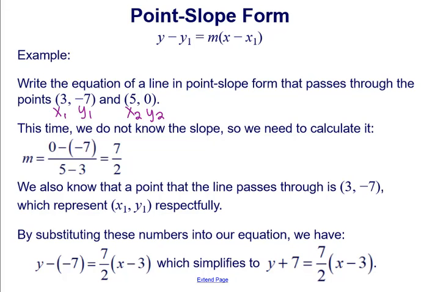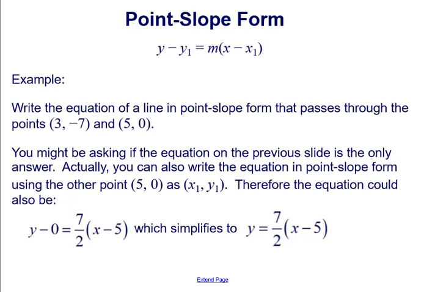Since the line passes through the point 3, -7, that can represent x1 and y1 respectively. Substituting these numbers into our point-slope form, we have y minus -7 equals 7/2 times the quantity of x minus 3, which simplifies that double negative to y plus 7 equals 7/2 times the quantity of x minus 3.